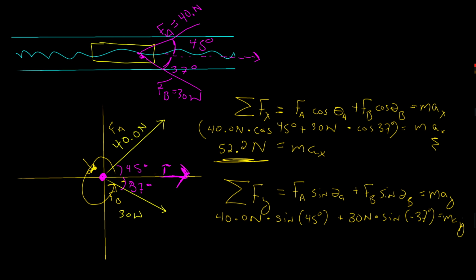Let me put this on the calculator, and then I'll point out the parallels. Plus 30 sine. Now I'm putting the negative 37 in, and this is going to give me 10.2 newtons in the y direction. So the boat's going to mainly move this way, but it has a positive y direction. So when we're done, the resultant force is a little bit in this direction. So the boat's going to tip a bit.